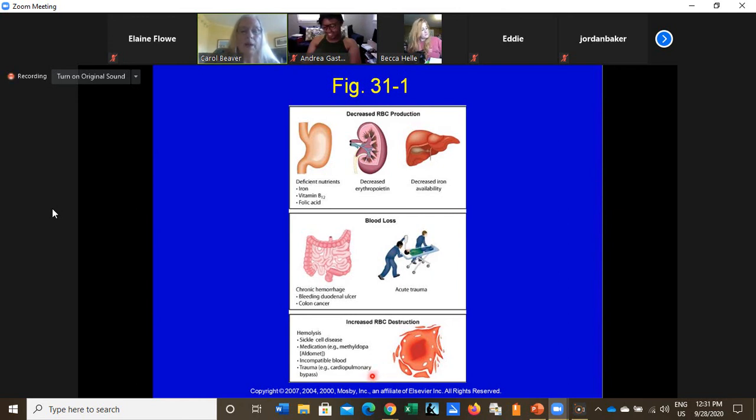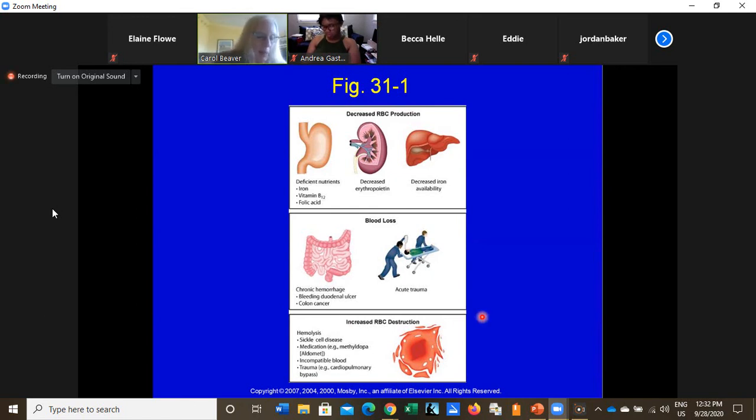And then trauma from cardiopulmonary bypass, like surgery for an artificial heart valve, can cause some trauma on those blood cells as well. It doesn't do that to everybody, but it certainly can.